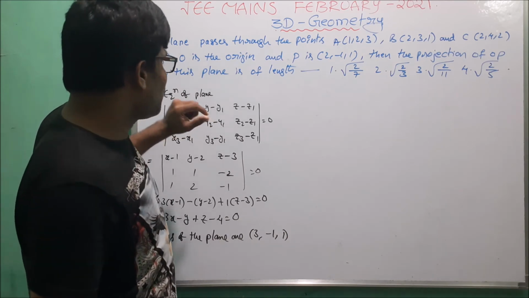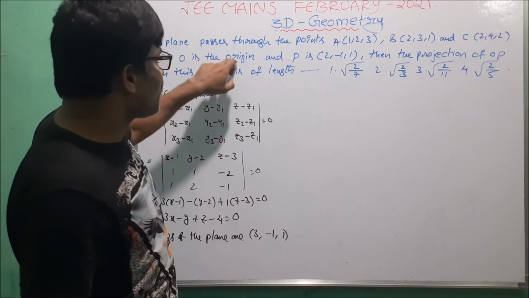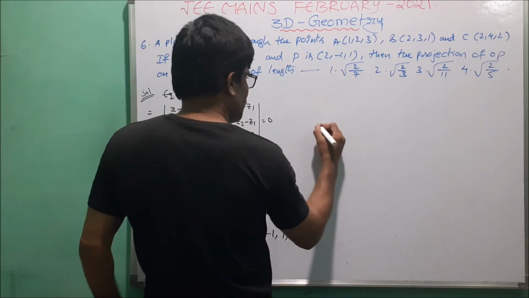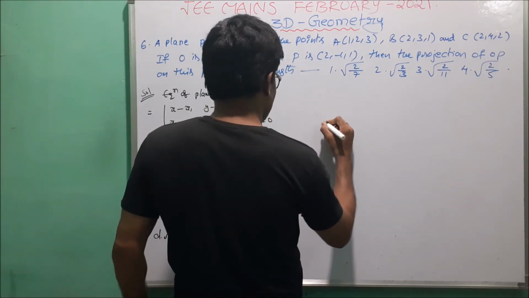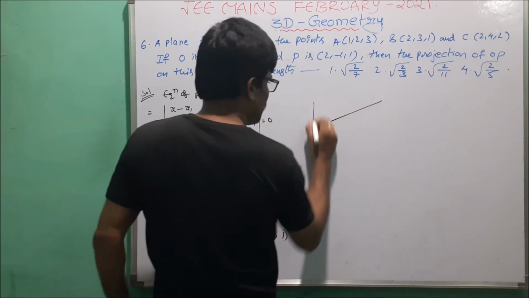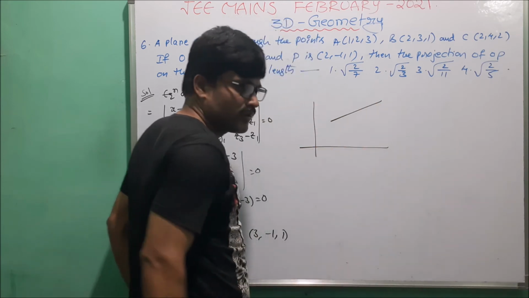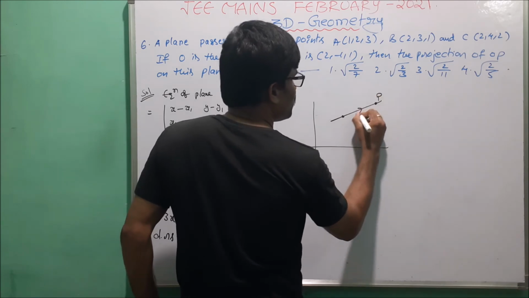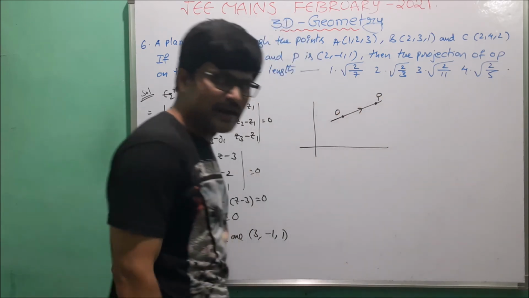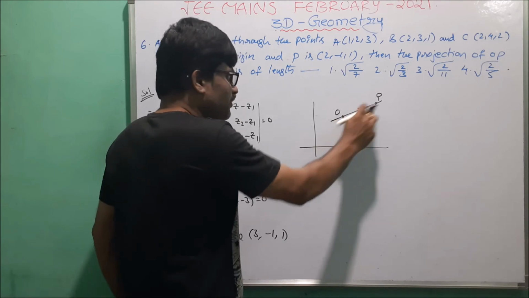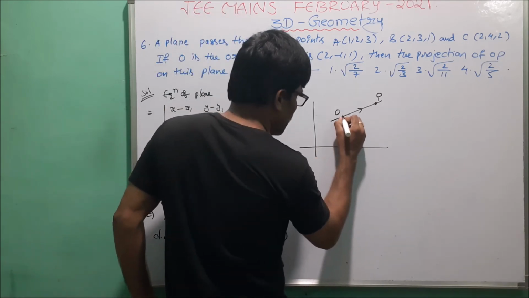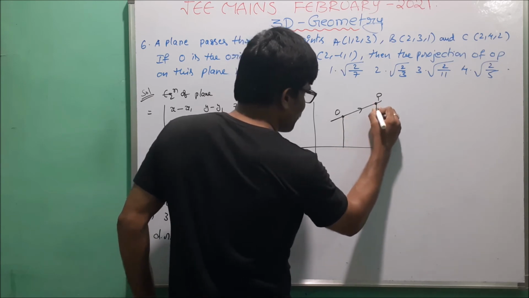Similarly, here if O is the origin and P is the point, so this is the O point, this is the P point. Clearly we observe this is one line. Now here to find the projection of OP, we draw normal lines on the x-axis.